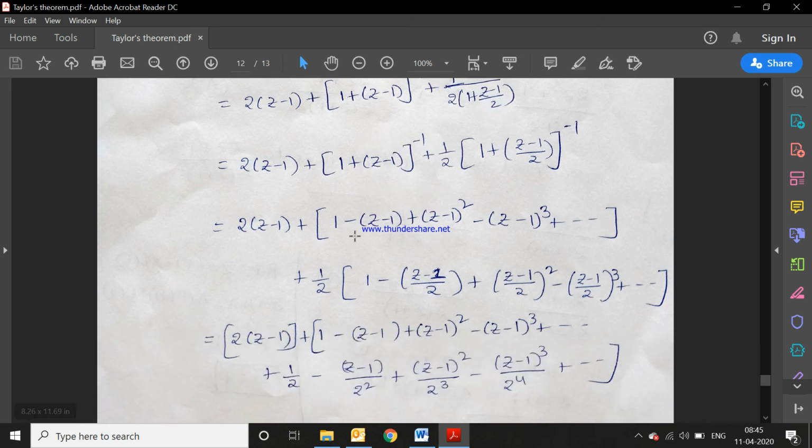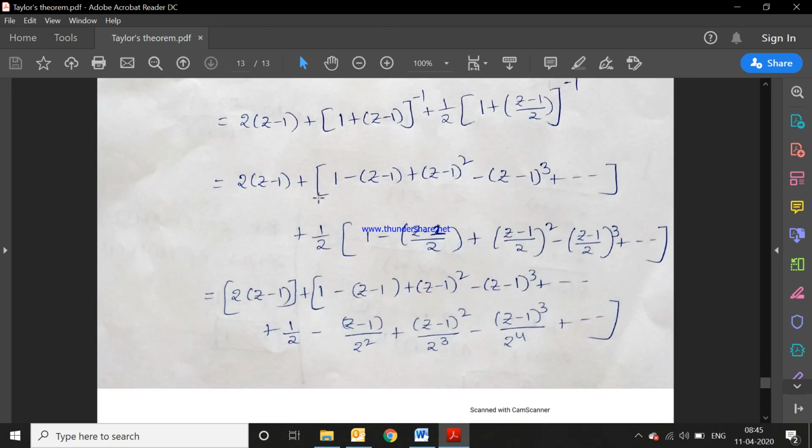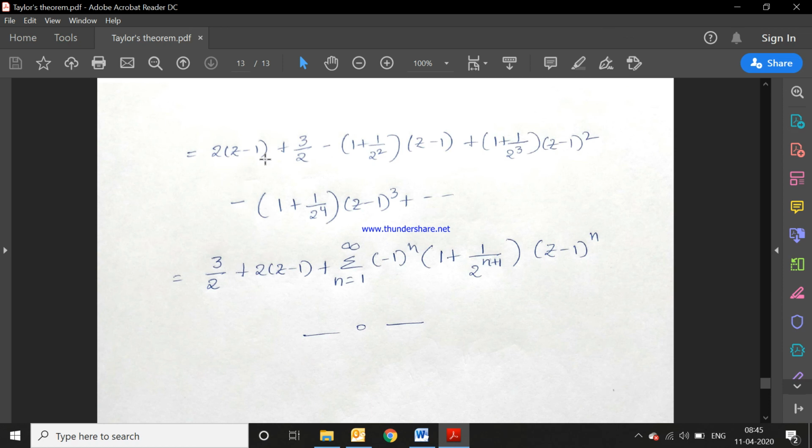Now I add all the terms, and here all terms are in powers of z − 1 only. So I add these two series by taking common (z − 1), (z − 1)^2, (z − 1)^3. The first terms are 1 and 1/2, and 1 + 1/2 is 3/2. Then 2(z − 1): don't touch this term, it is as usual, because this term is already in terms of z − 1.